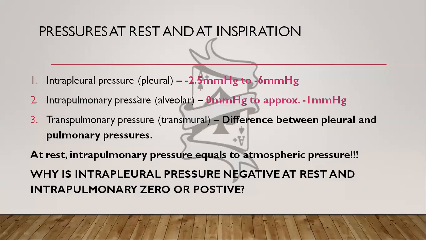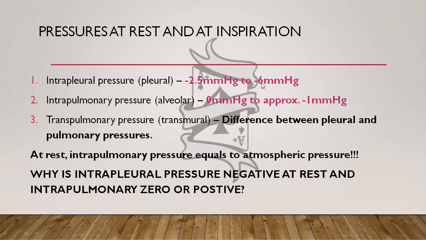as it stands, you have an atmospheric pressure of 101,000 pascals at sea level. Intrapulmonary pressure is equal to that value at rest, because we'd expect that the pressure within the alveoli, if air is not moving in nor out, would have to be equal.